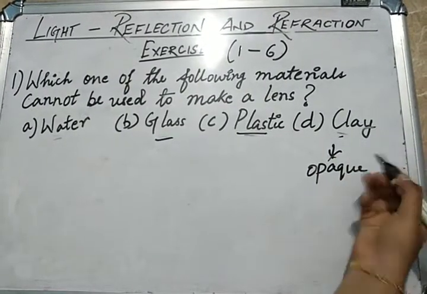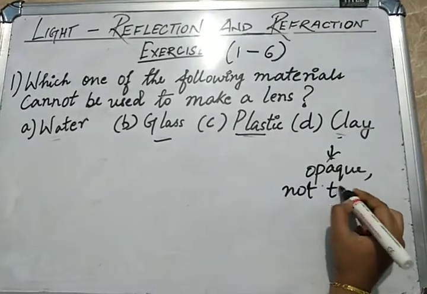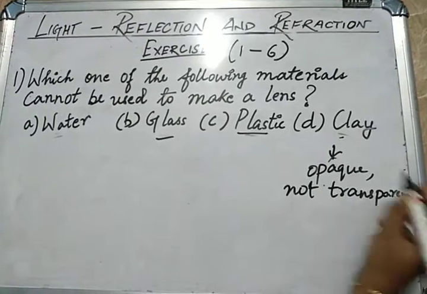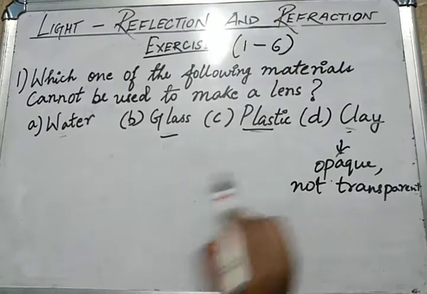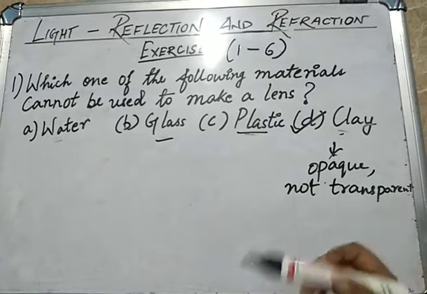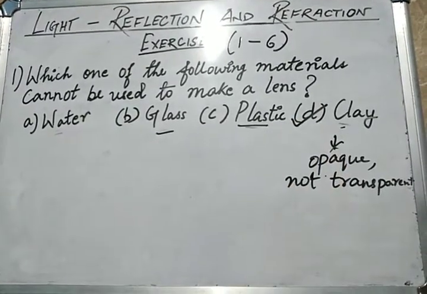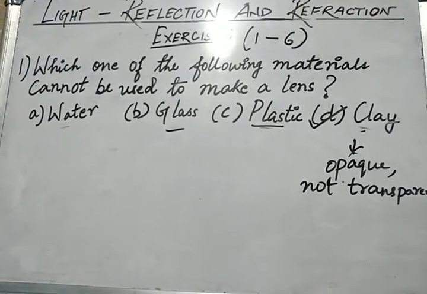While all the other materials are transparent. So therefore the answer is D, clay. Since it is not transparent, clay cannot be used for making a lens. Okay, now we move on to the second question.